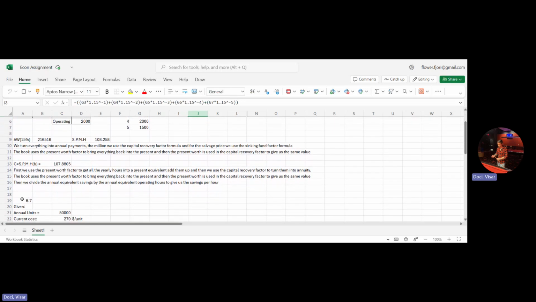After we get that, the book uses the present worth factor to bring everything back into the present, and then the present worth is used with the capital recovery factor to give us the same value.